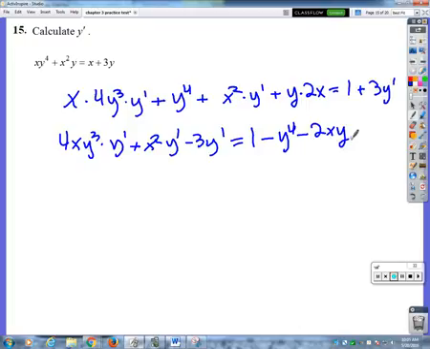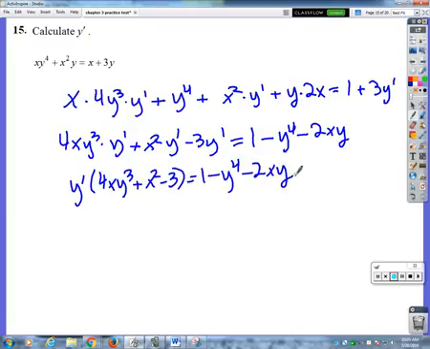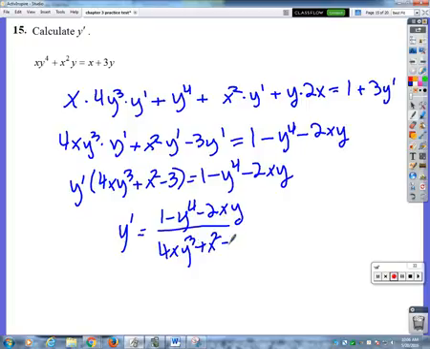I'm going to technically first factor out a y prime. So y prime times 4xy cubed plus x squared minus 3 equals 1 minus y to the 4th minus 2xy, and then divide by all that stuff, so y prime equals 1 minus y to the 4th minus 2xy over 4xy cubed plus x squared minus 3.